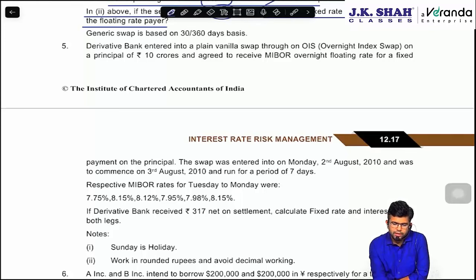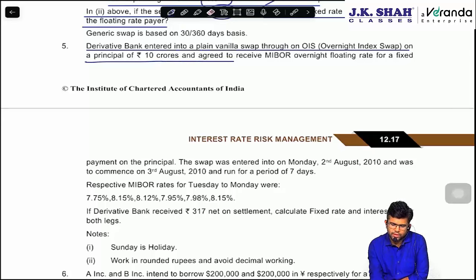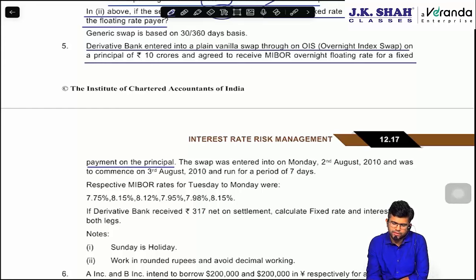Derivative bank entered into a plain vanilla swap through an overnight index swap on a principal of 10 crores, okay? And agreed to receive MIBOR, Mumbai interbank offer overnight floating rate for a fixed payment on the principal.